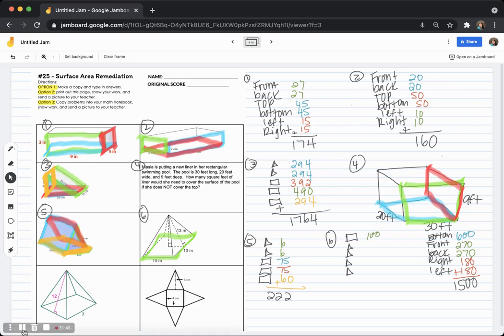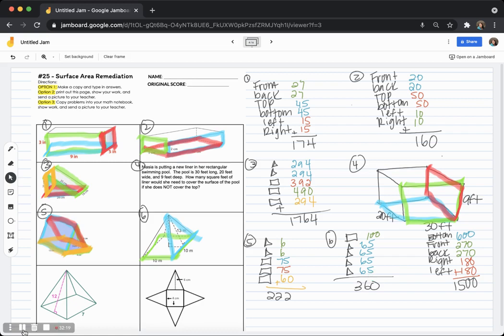And then for the triangle, it has a base of 10, a height of 13. So you're going to do 10 times 13, and you're going to divide that by 2, and that will give you 65. And all of the triangles then will be 65. And that would give us a total surface area when we add it up of 360.